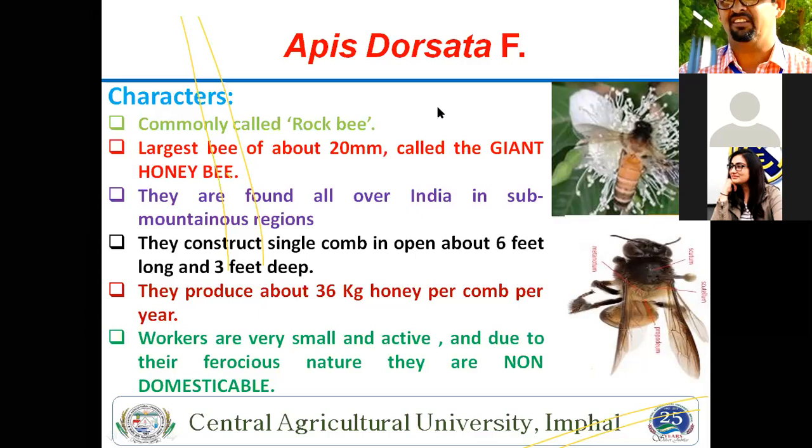That is the biggest, about 6 feet long and 3 feet deep. They produce the highest honey in one comb, around 36 kg honey per comb per year. That is important, but it is not domesticated. This is the important drawback of the rock bee. Another thing: the workers are very small and active, with a ferocious nature. They are non-domesticated. So these are some important characters of Apis dorsata.